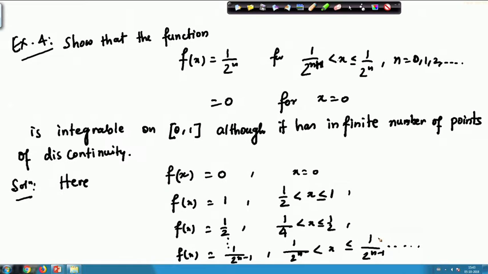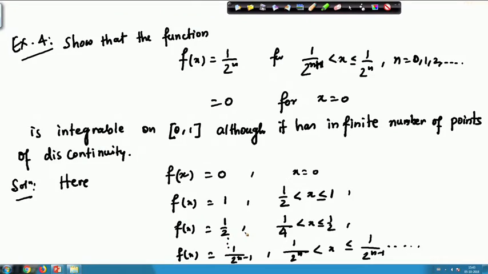So, that means the function f is monotonic, since the value is continuously decreasing.